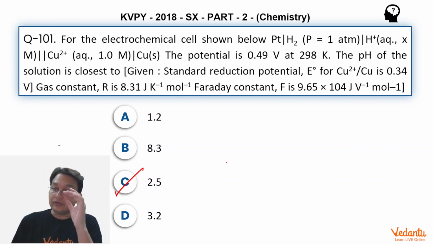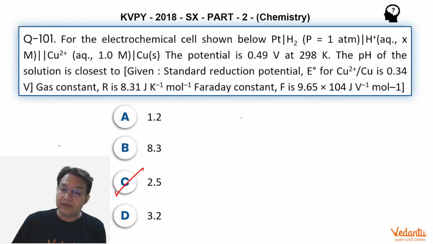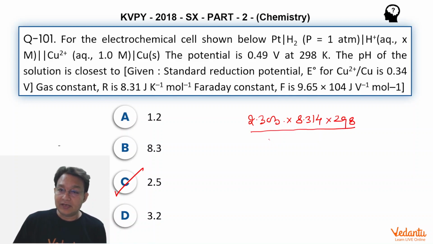These values you can use here, 1 Faraday, and you can find it out. 2.303 into 8.314 into 298 Kelvin divided by 96500 is nearly equal to 0.0591.